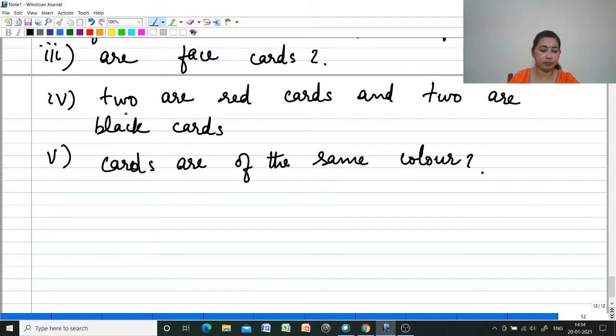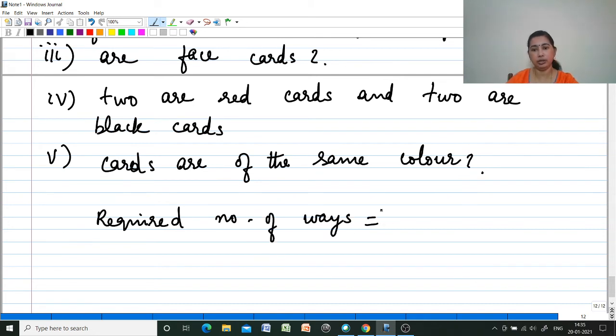Okay, what's the question? What is the number of ways of choosing 4 cards from a pack of 52 cards? So we have to select 4 cards, and the required number of ways is equal to 52C4 because 52 objects are taken 4 at a time.